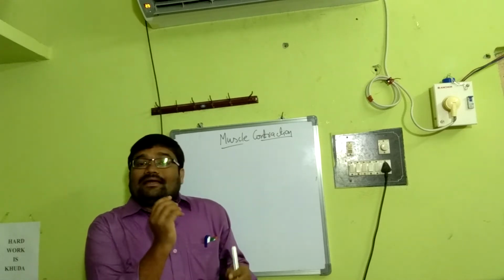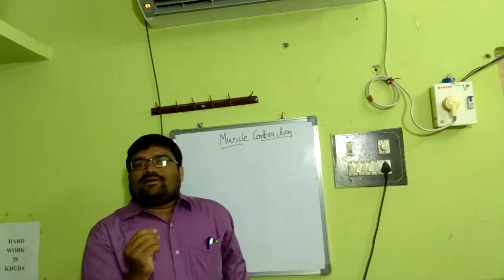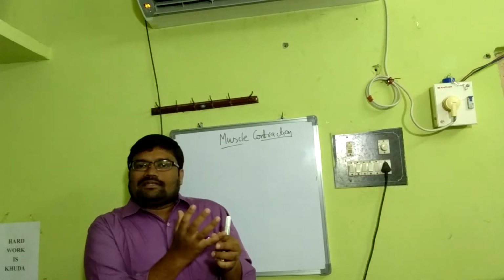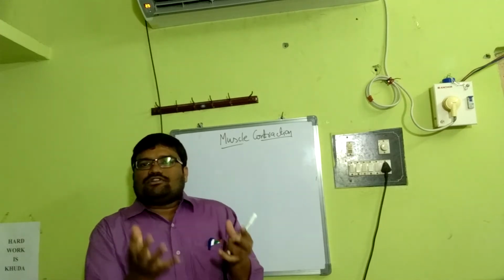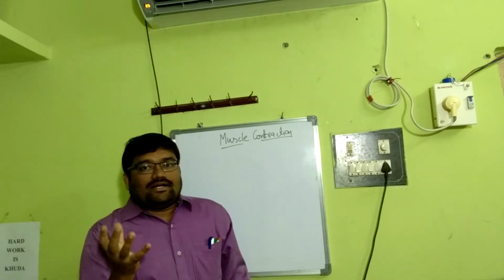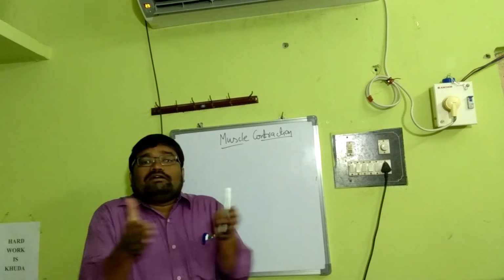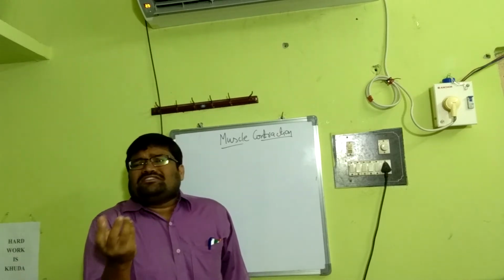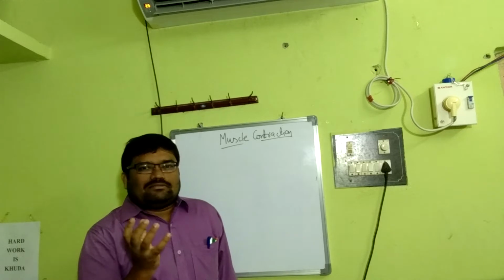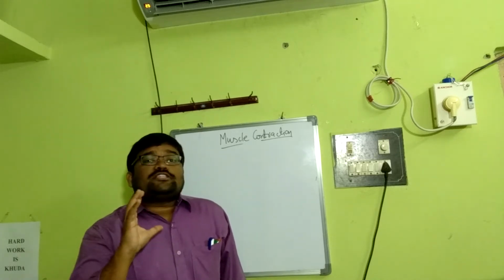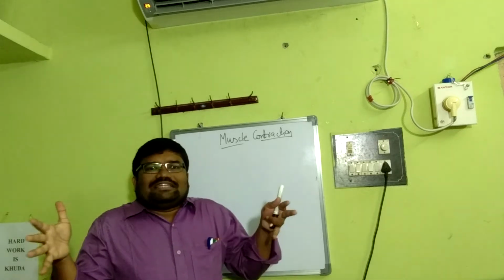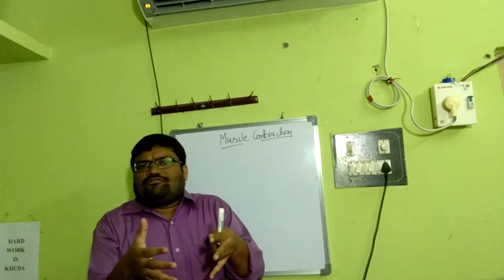The skeletal muscle consists of different bundles, called fascicles, which are adhered by means of fascia. Fascia is nothing but a collagenous protein component, which adheres the different muscle bundles, what we call fascicles.